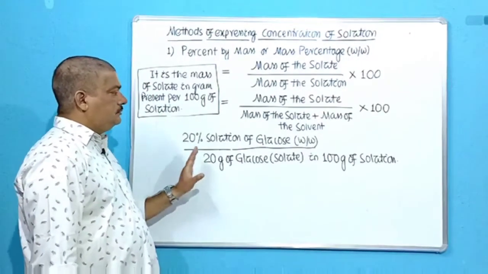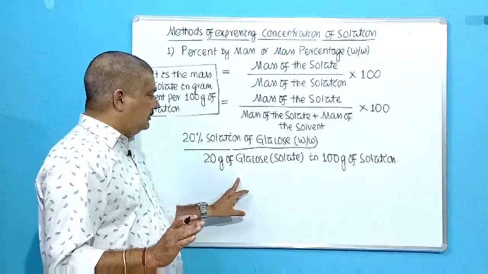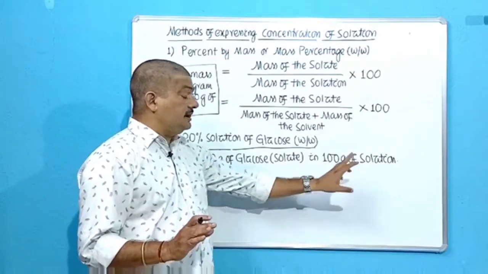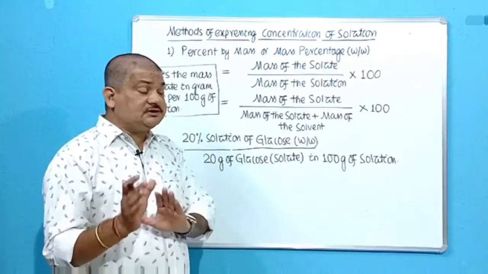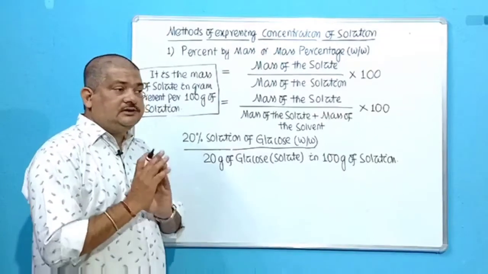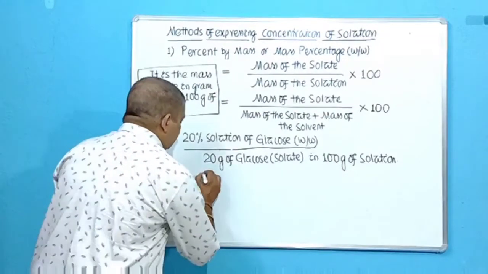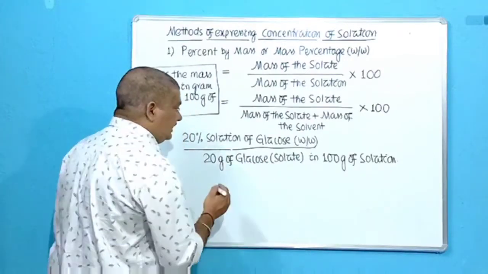So a 20% solution of glucose means 20 gram of glucose is present for 100 gram of solution. Solution means it is solute plus solvent. So what is the solvent here? Glucose will be added to water, so the solvent is water. What is solute here? Glucose. So what will be the mass of water then?